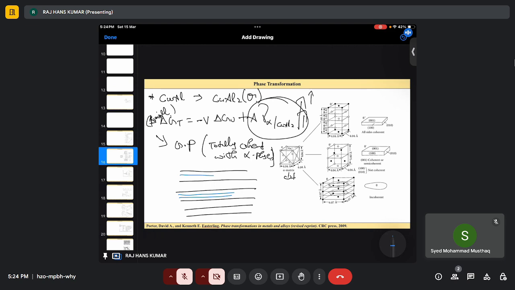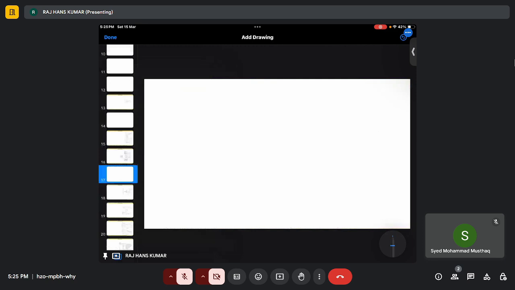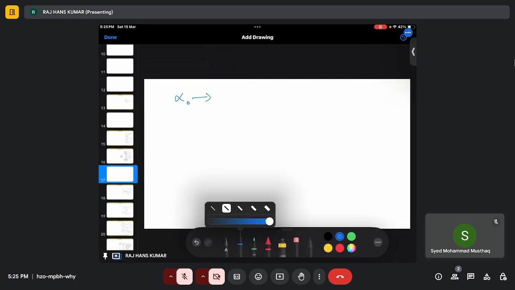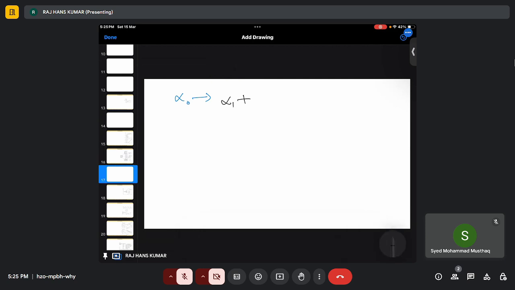Now, after that, alpha naught will turn into alpha 1 of a different composition, and GP zones.